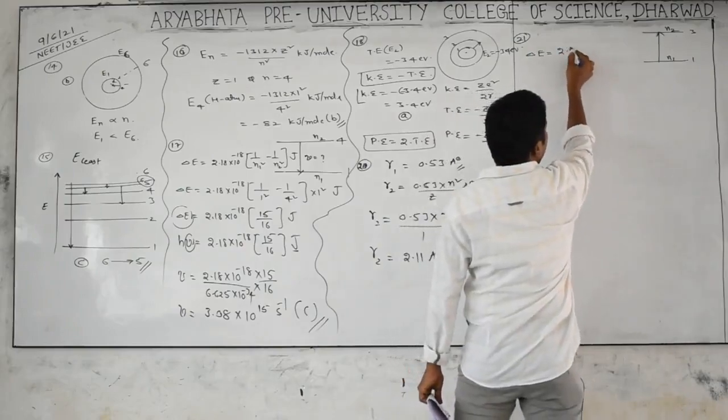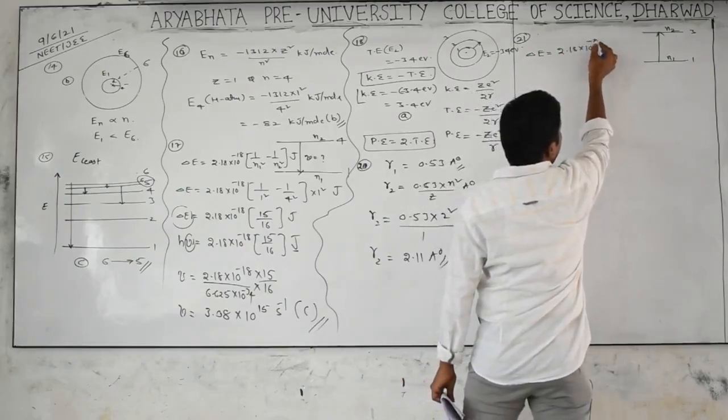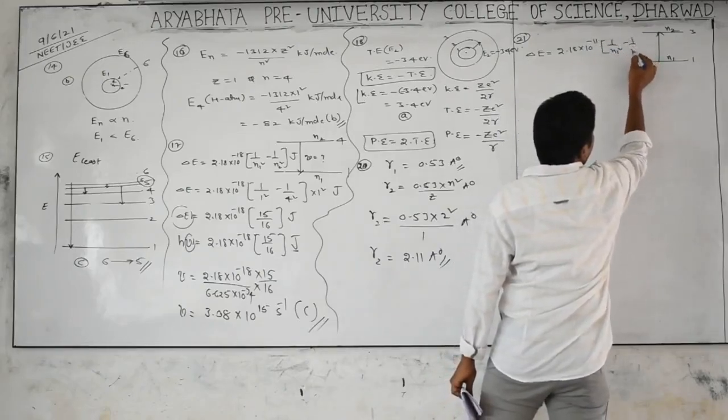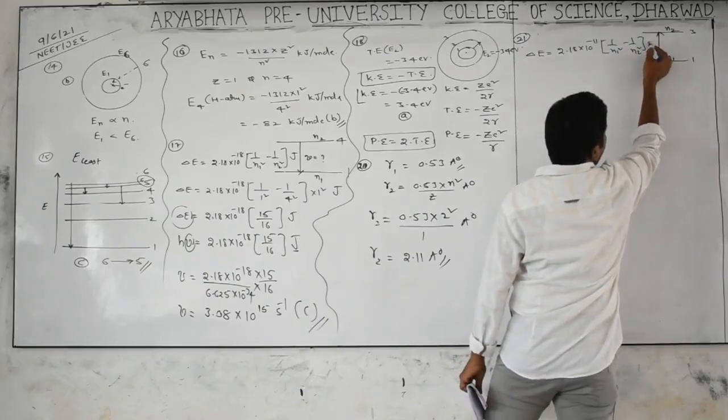Energy difference delta E should be taken in ergs because the answer is asked in ergs. What is the formula? 2.18 into 10 to the power of minus 11 into 1 by n1 square minus 1 by n2 square into Z square erg per atom.